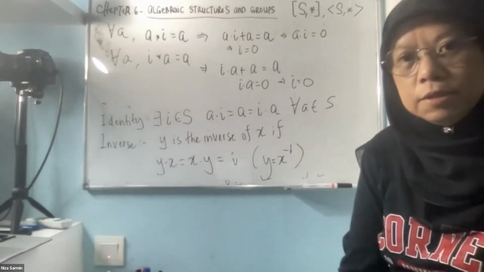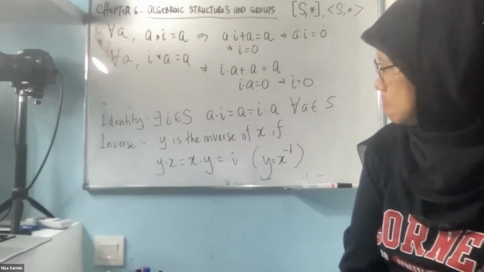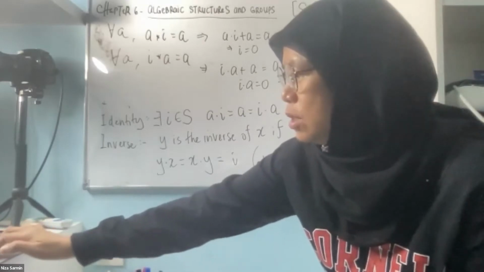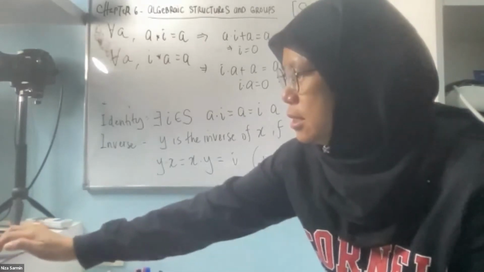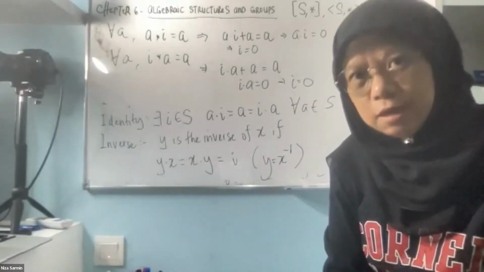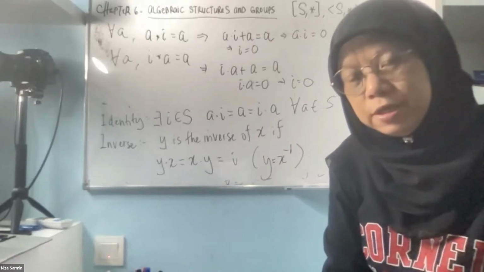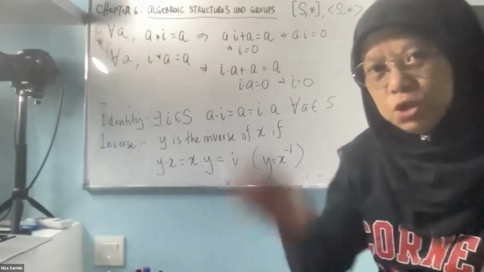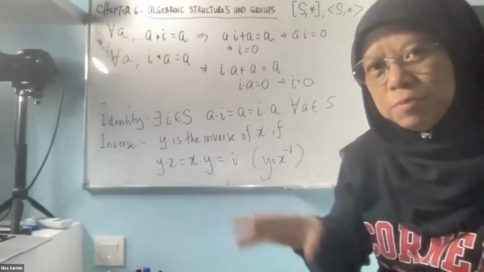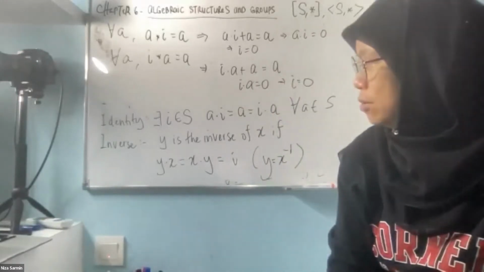Okay, X inverse, that is how we write that. So the question is, you will be given a set, you will be given an operation, and you have to show or decide whether all the properties that I just listed just now hold.